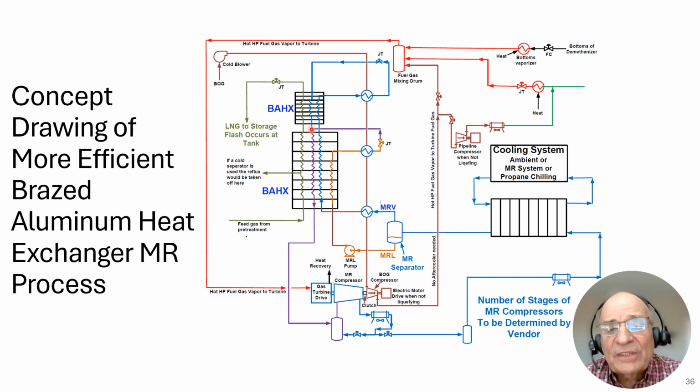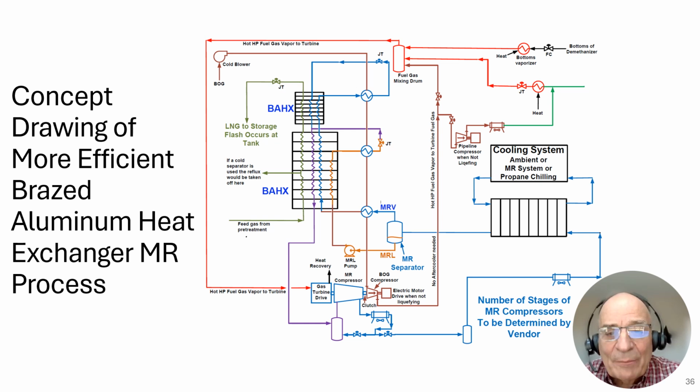So it mixes up with the MRL and continues down this path, boiling off all of the methane, ethane, propane. I should have said nitrogen, methane, ethane, and propane. By this time, it's 100% vapor, goes back into the suction drum of the compressor.